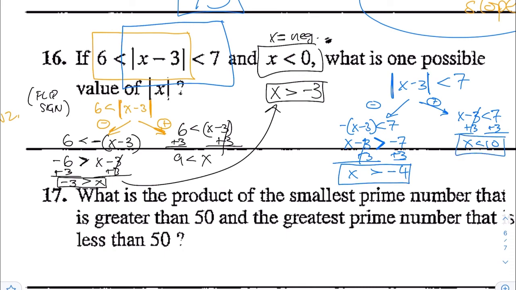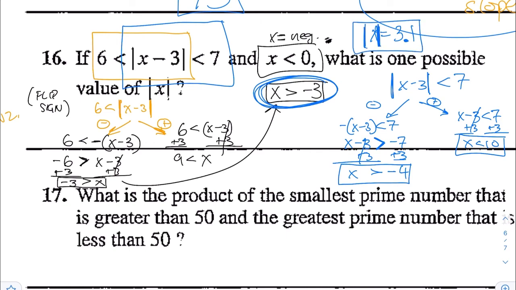So you have a couple of inequalities here, and you want to just kind of see the overlap. Now, x has to be negative, but x has to be greater than -4, and x has to be greater than -3. So this is going to be the one that is the most important. So if x has to be greater than -3, then the absolute value of x would be something like 3.1.